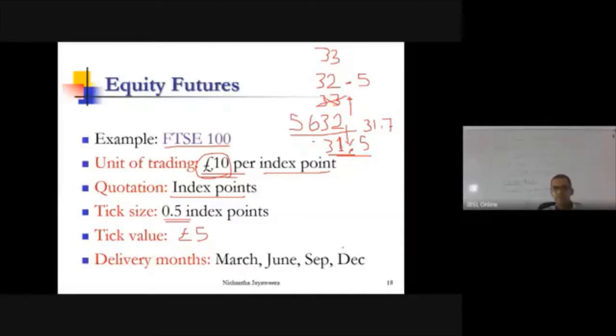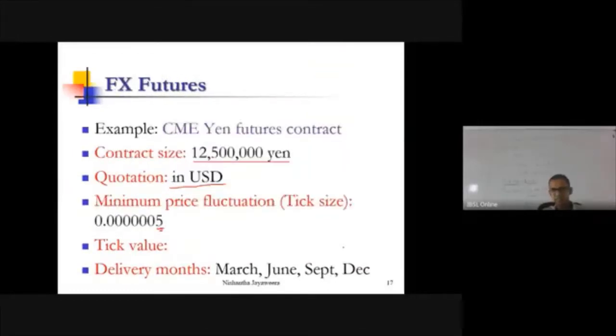I explain all these things just to get an idea about these terms. What does standardization mean? What sort of terms are given by the exchange? The contract size, quotation currency, minimum price fluctuation, delivery months.